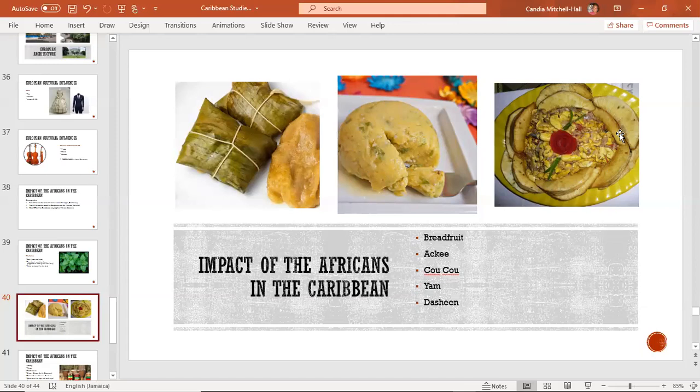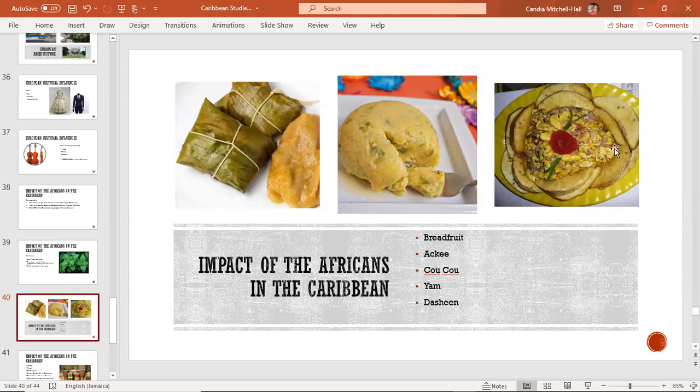The first island in the Caribbean to have breadfruit is St. Vincent. The Africans brought the breadfruit to St. Vincent. And from St. Vincent, the tree was transplanted all over the Caribbean. If you love breadfruit, thank the enslaved people that brought it there and transplanted it all over the region, right?